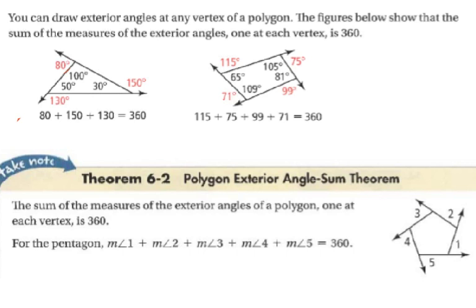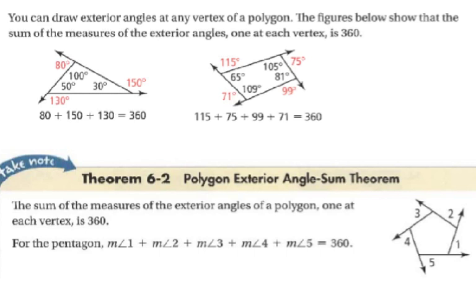It doesn't matter. The exterior angles will always add up to 360. And it has something to do with the extension of the lines and the properties of the straight lines. But we use that to help us with the exterior angle sum theorem.